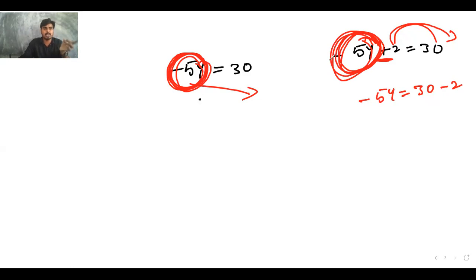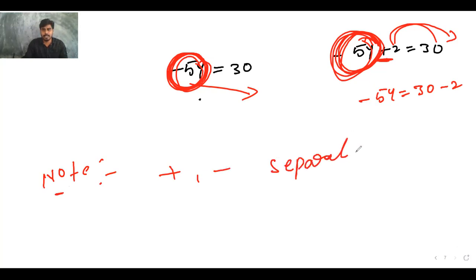If you transpose an individual term, and one more thing we know already: plus and minus separate the terms, whereas multiplication and division do not separate the terms. Take that note. Plus and minus separate the terms.